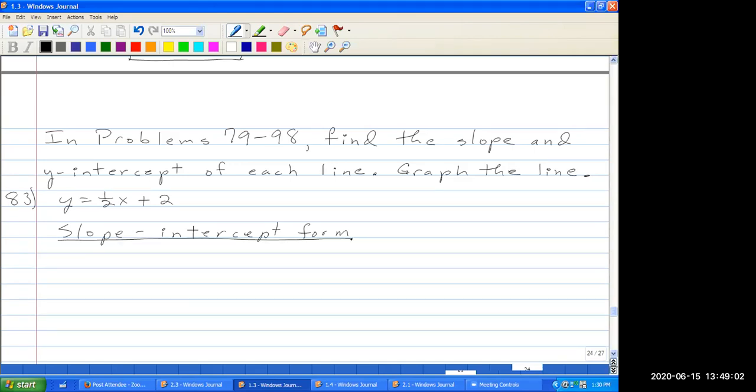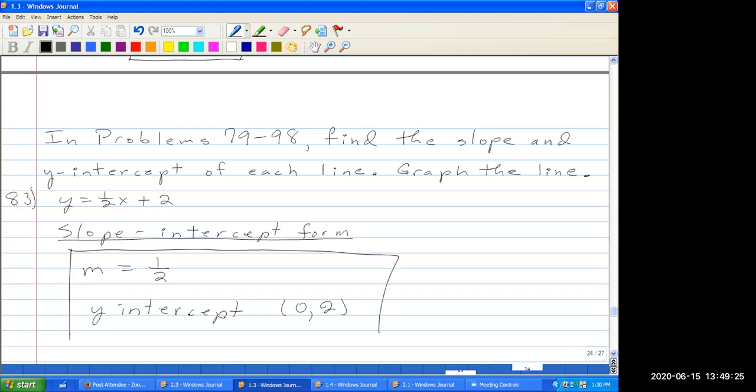In this case, the slope is 1/2. And the y-intercept is 0, 2. So you could just read it off.